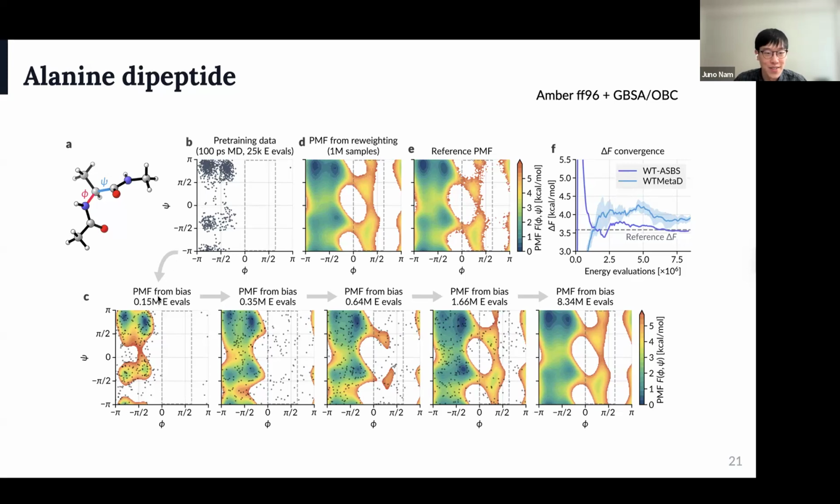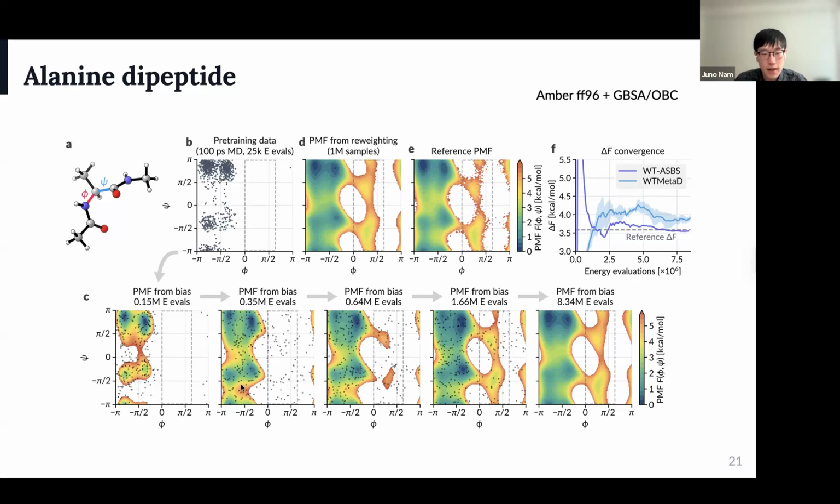And then we start the well-tempered ASPS loop where we keep adding the bias potential on the collective variable space on locations where we generate samples.